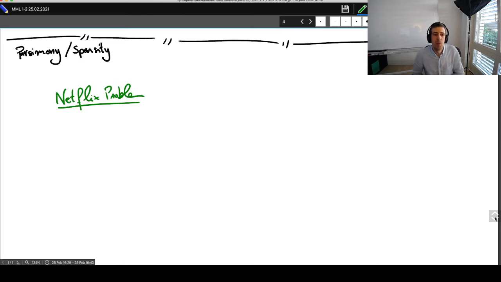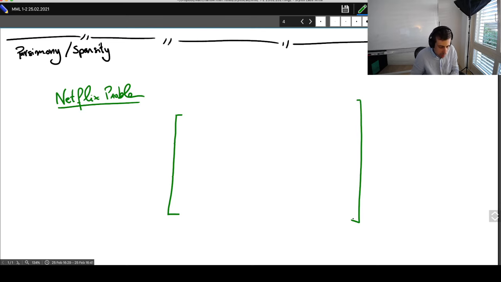I'll talk a bit more about this when we actually get to this topic. But the idea is, if you think of the Netflix rating matrix, Netflix actually doesn't have ratings quite the same way as they did back then. But if you think of ratings of items, so maybe here this corresponds to movies, right?